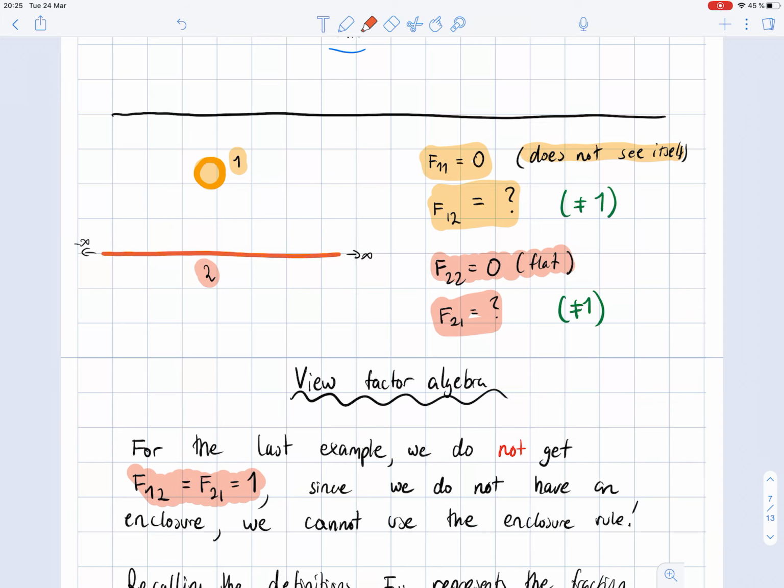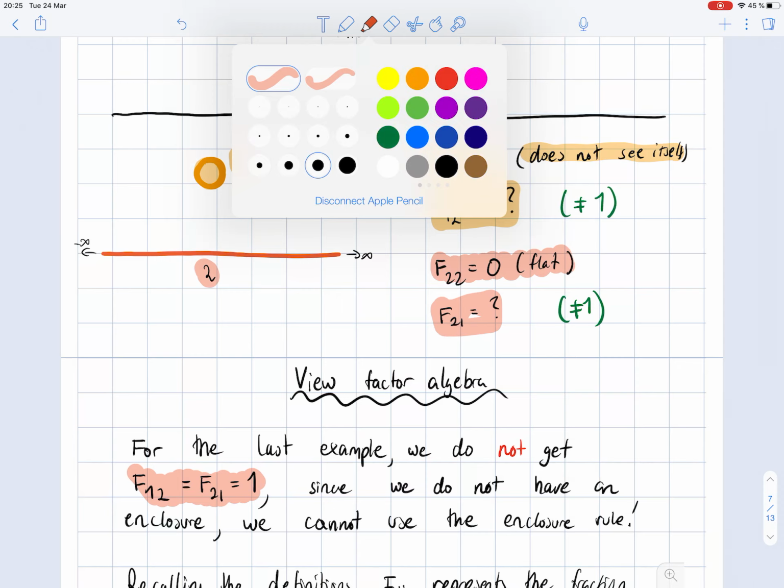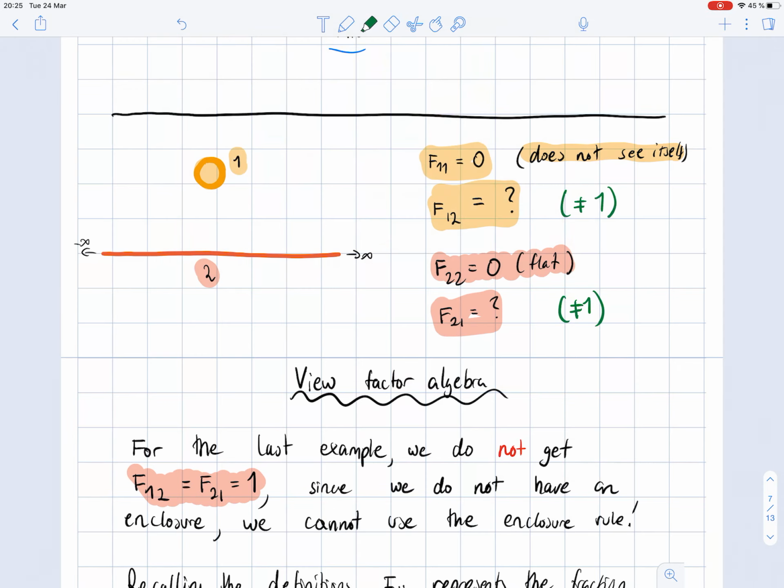And the reason for that is that we do not have an enclosure. So there's no enclosure in this system. We are missing the information of whatever these imaginary surrounding walls are.